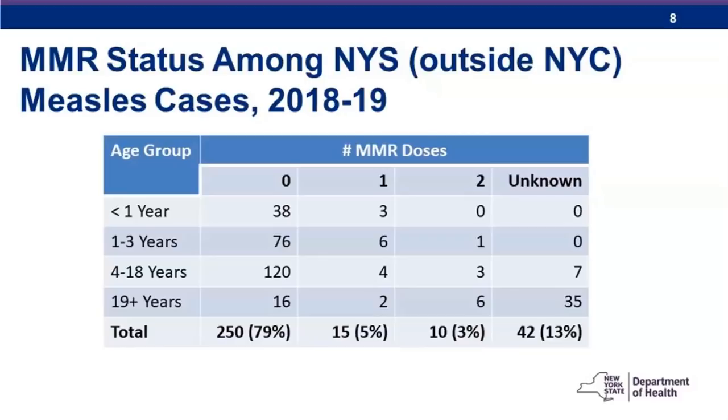But if we focus on the people who actually know whether or not they're vaccinated, including people who know they're not vaccinated, then it's even more prominent: among the people with known vaccine status, 91% of measles cases had no vaccine at all. So clearly, even in the rare cases when vaccinated people have gotten the disease, they're much fewer, and it's really being driven by the completely unvaccinated people.